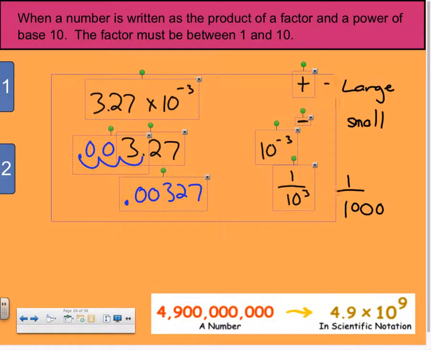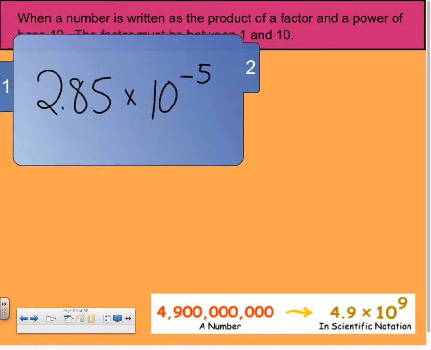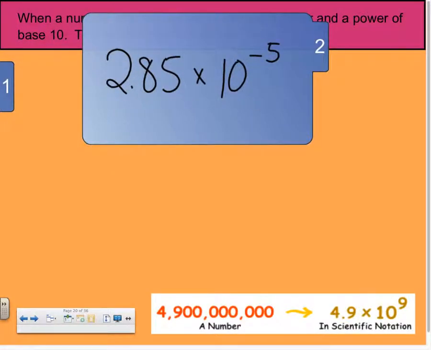All right, let's look at one more. We have 2.85 times 10 to the negative fifth. Tell your neighbor what you think the answer to this one will be.